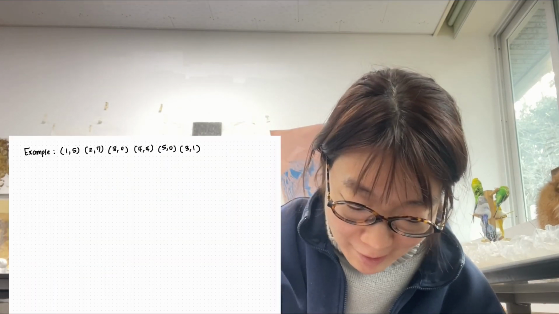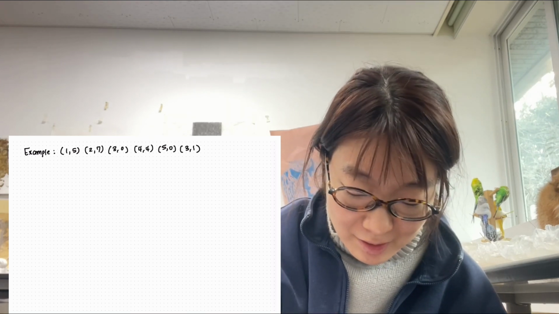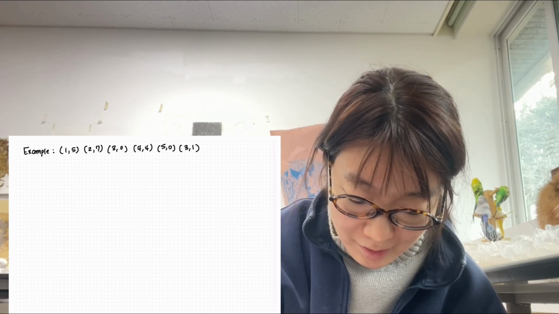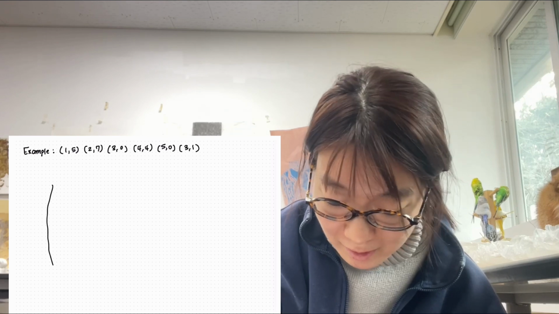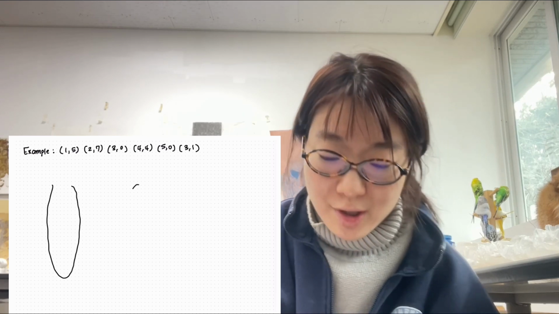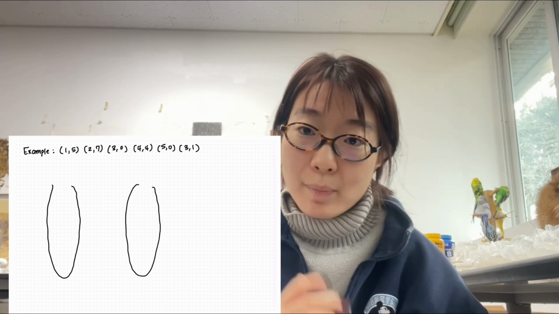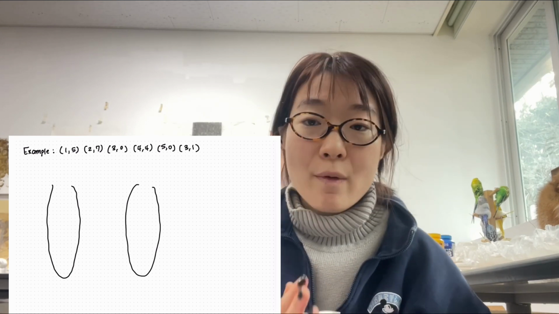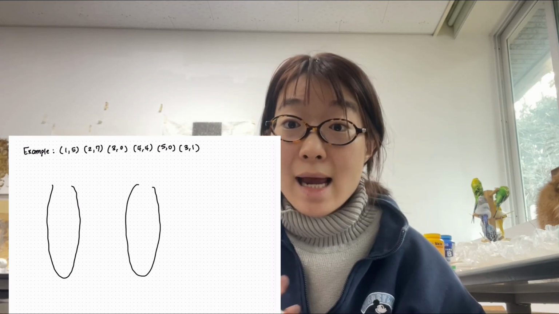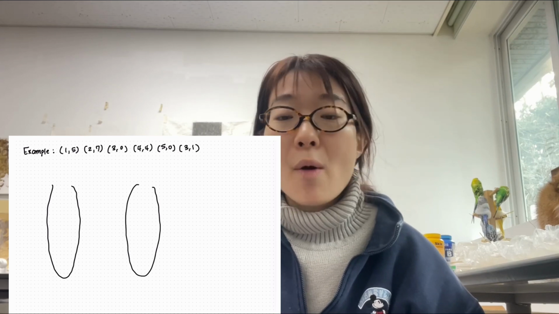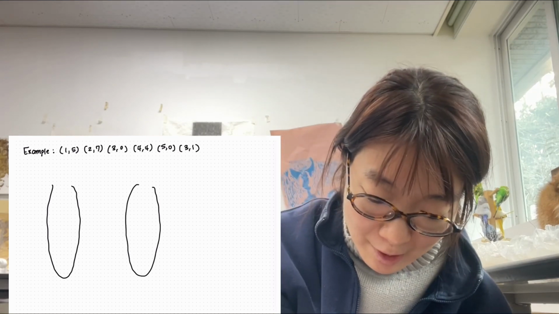So what I'm gonna do is create a little pocket. I'm gonna create 2 pockets, and one pocket is for domain. Remember, domain is the set of input values, so our x values, right? So I'm gonna put x.